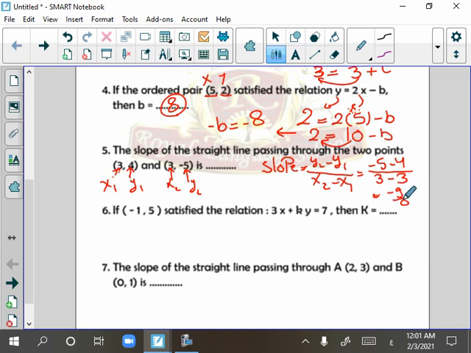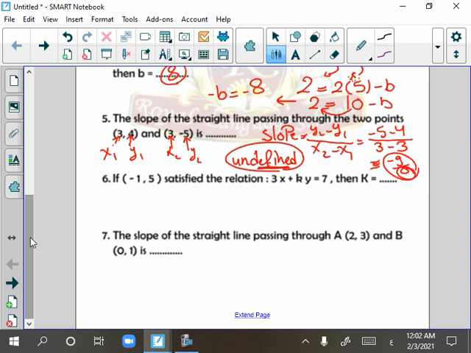Then we can say the slope is undefined, because the result is negative 9 over 0, and when the denominator equals 0, we can say the slope is undefined.